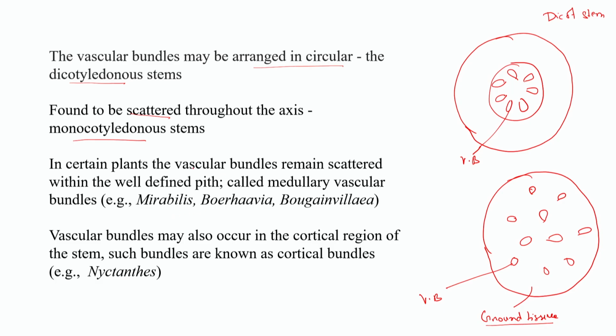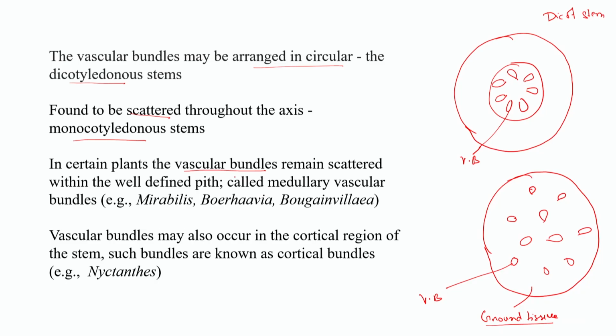However, some variations could definitely be there, and we will study all that in the anomalous structures chapter in our coming modules. These vascular bundles could also be found in other regions, but it is not a normal feature of a plant.